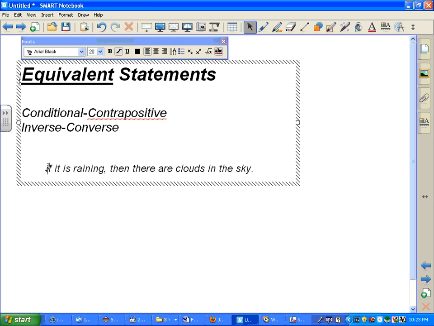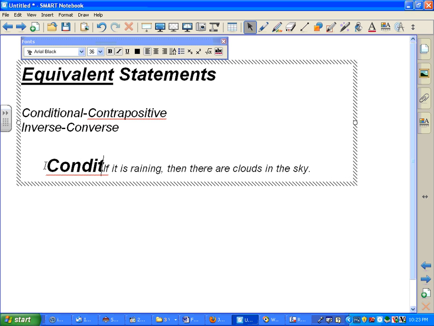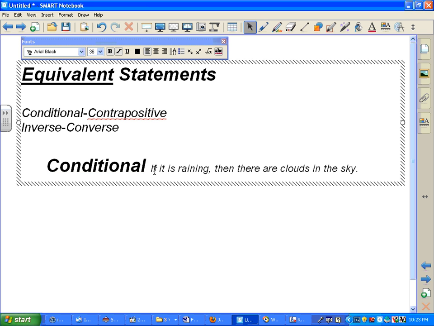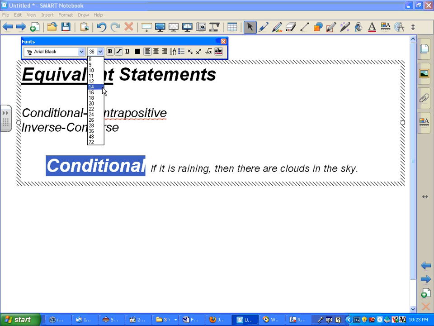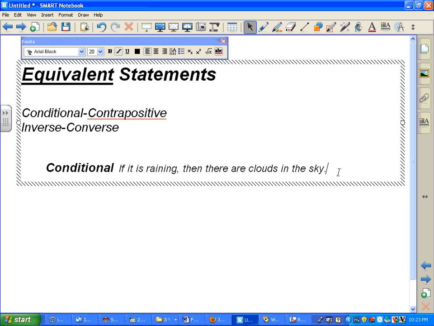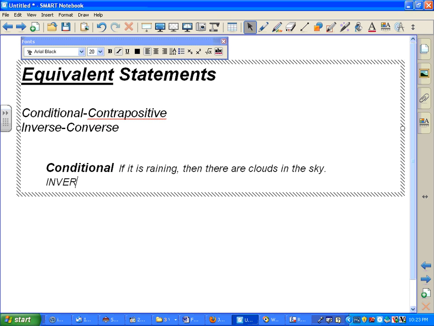So this is obviously the original conditional. That's the conditional. Actually, let's do the contrapositive, because those two match up. Contrapositive.